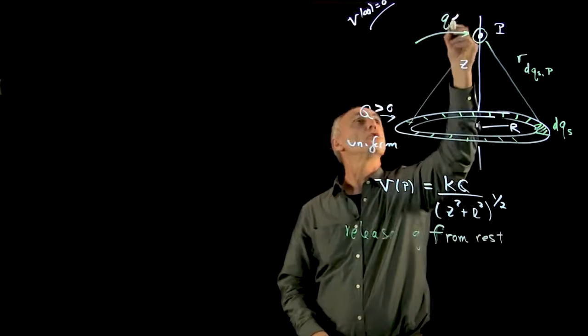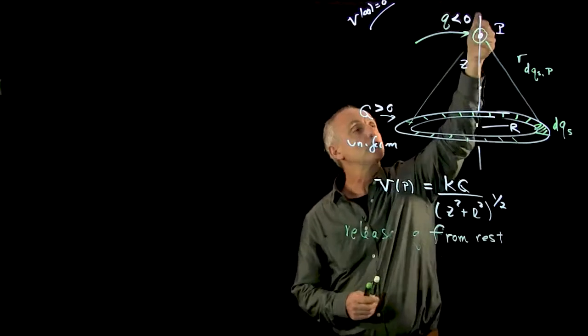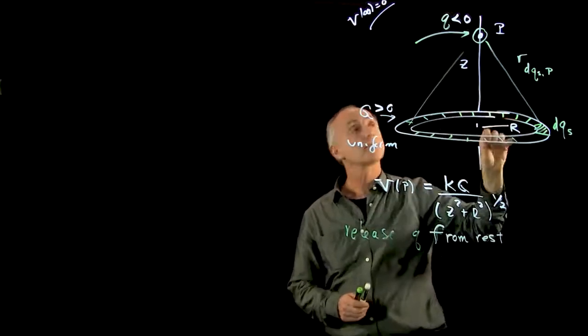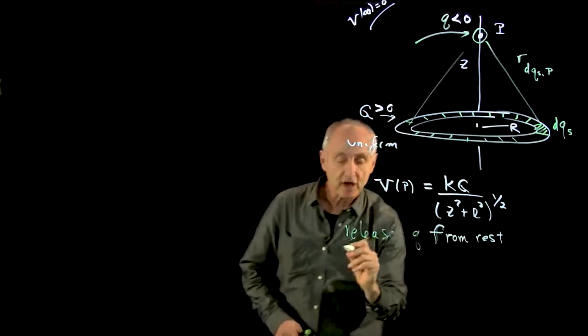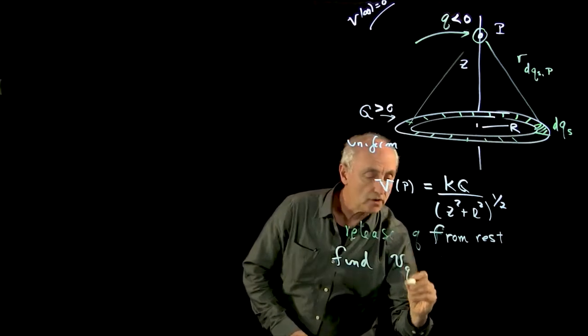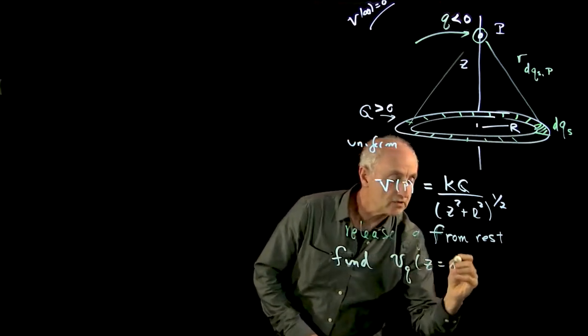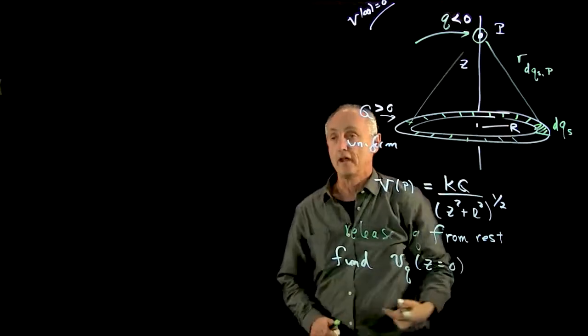And our charge q will be negative. Well, we expect that q will be attracted by the ring. And what we'd like to do is find the speed, Vq, of the charge when Z equals 0, because we expect this charge to move down there.